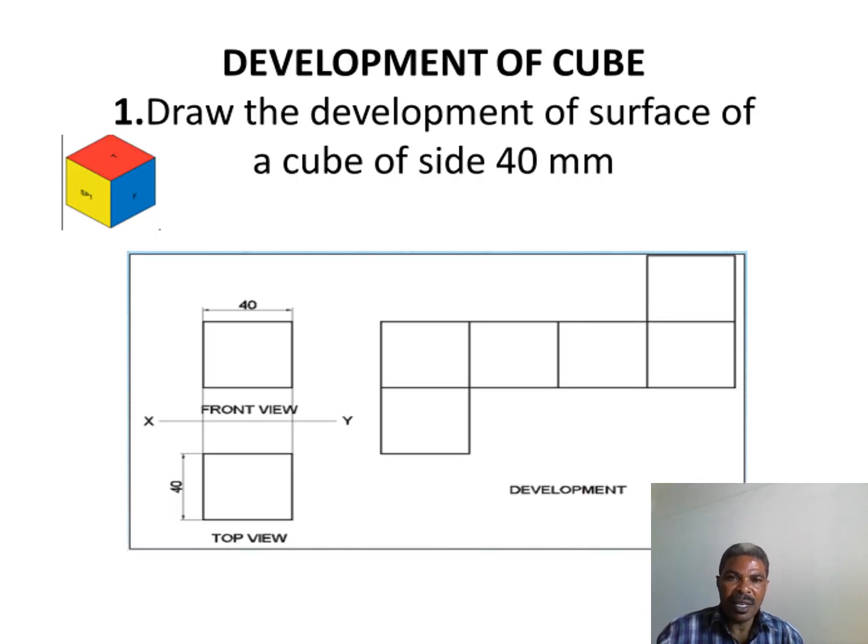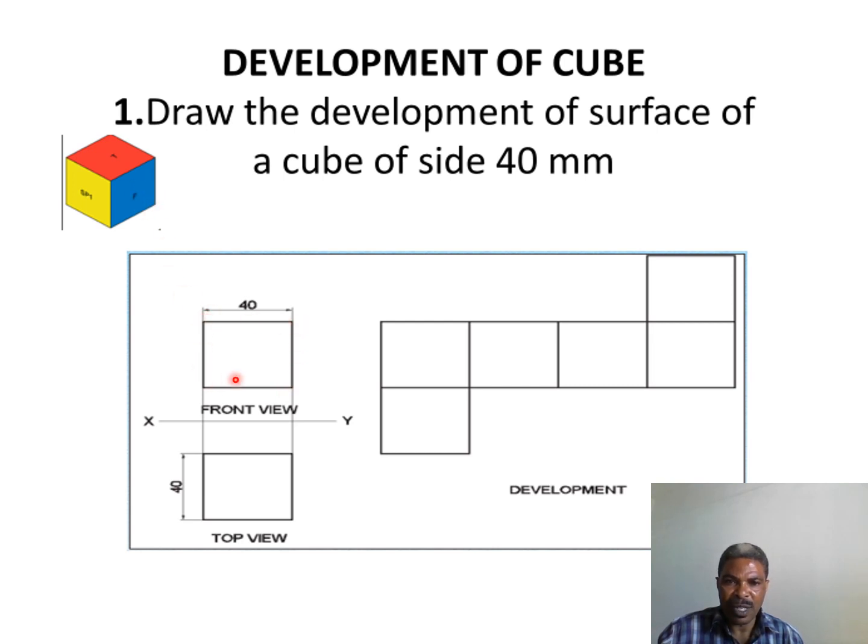For example, here we have a cube. This cube has sides of 40 millimeters long. So drawing this, the development of the surfaces for the cube can be done this way. First of all, you need to draw the front part of it, one side to be the front, like this one here.